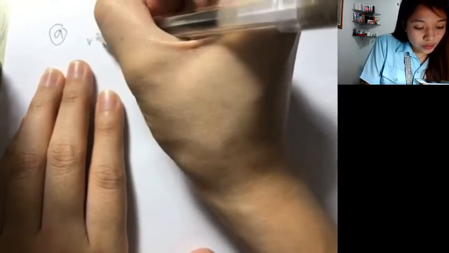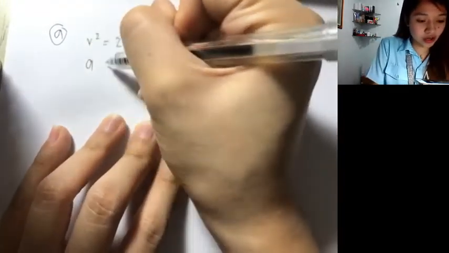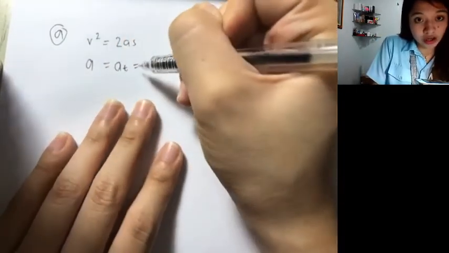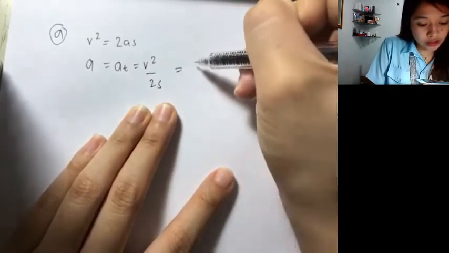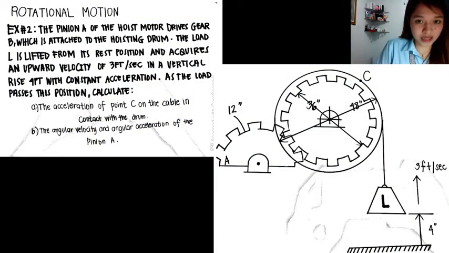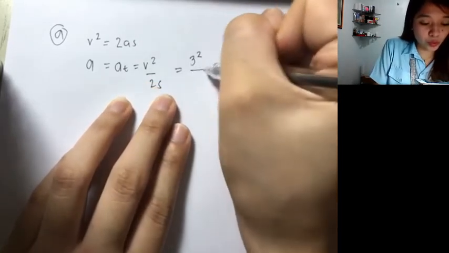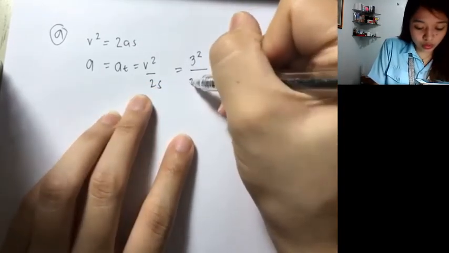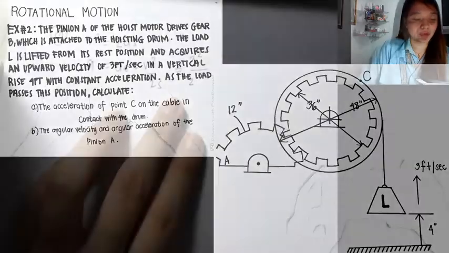We have v squared equals 2as, so the tangential acceleration a equals v squared over 2s. v is 3, given, so 3 squared over 2 times s, which is 4.